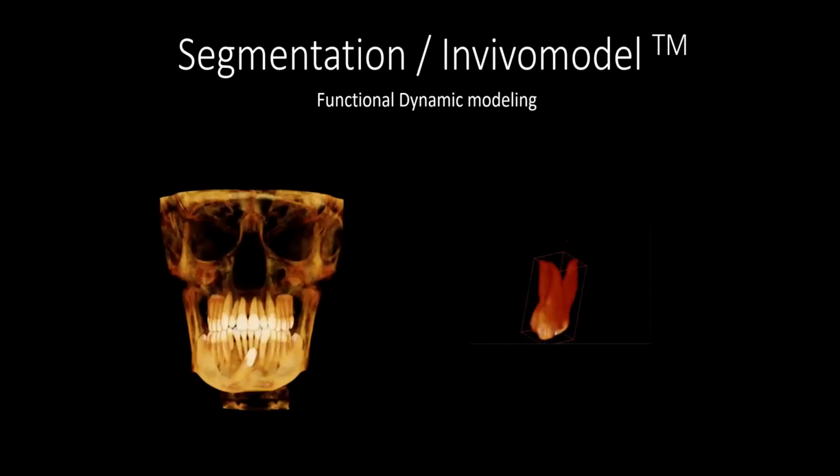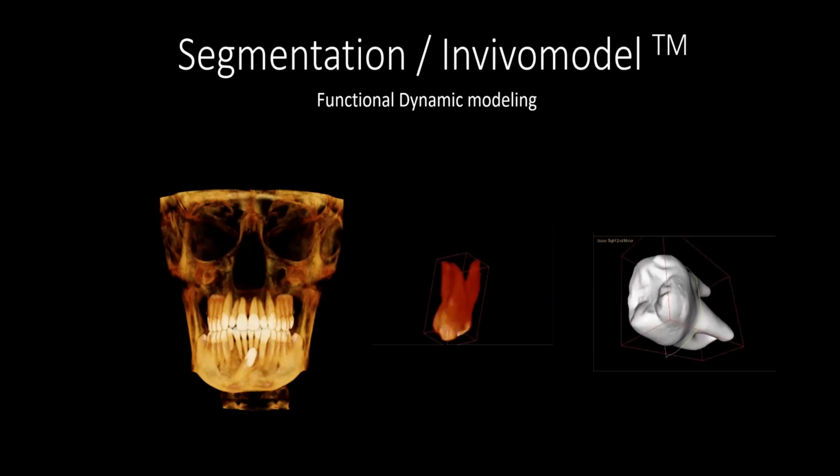So when you submit your cone beam raw data to Osteoid, the segmentation process is very proprietary, by the way, and it's very advanced. So they'll segment an individual element. In this case, it looks like a molar, all right? And then they'll do the surface mapping, and they'll do this with all the elements.